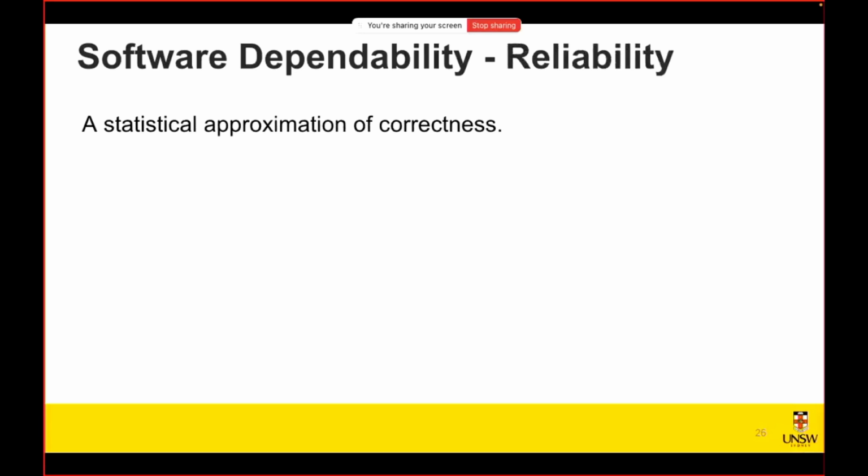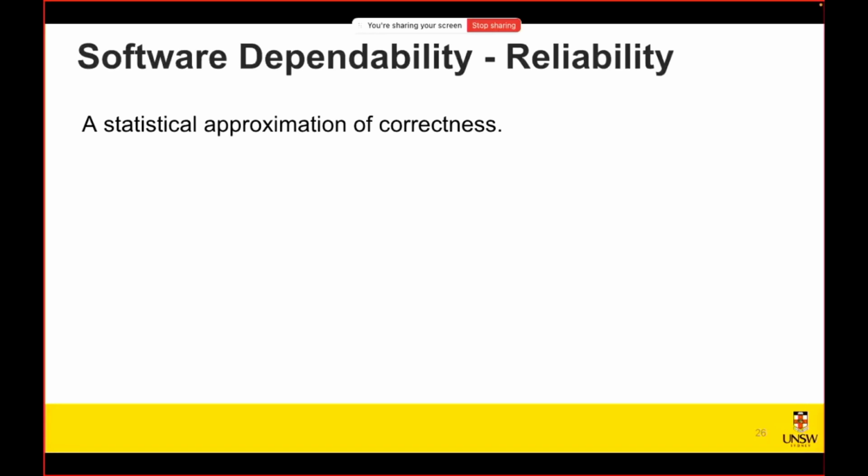And the second property here is reliability. In short, it is a statistical approximation of correctness. Because we know that correctness is hard to prove, in reality, how we measure correctness is that we measure reliability instead.